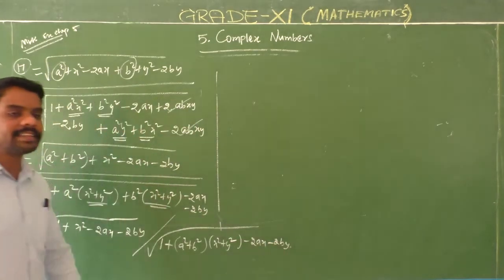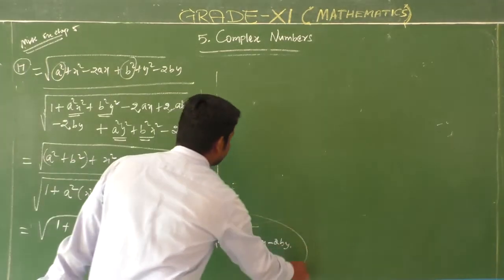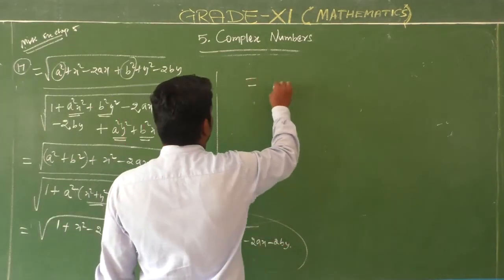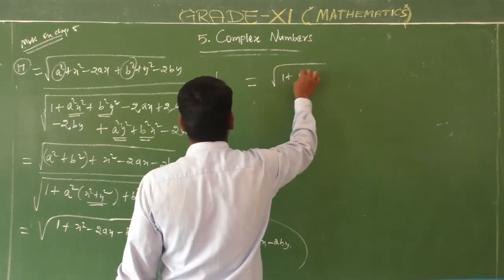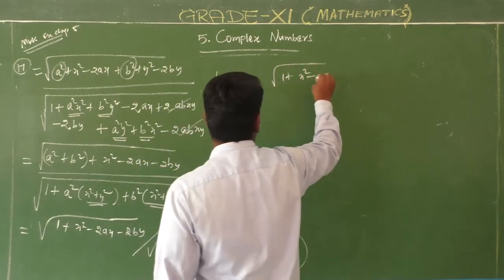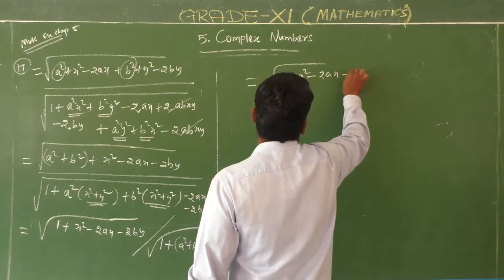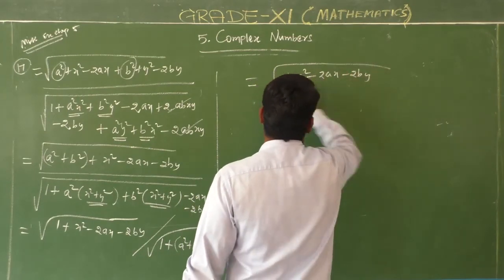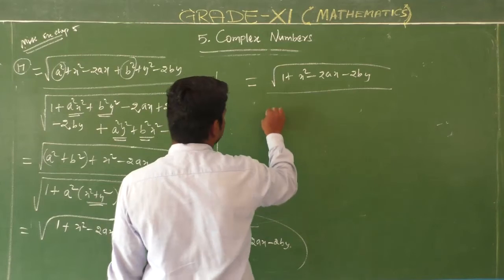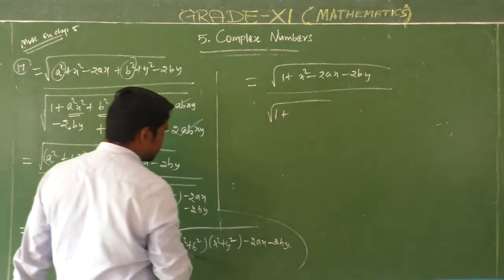It is written as root of 1 plus x square minus 2ax minus 2by divided by, here, 1 plus a square plus b square is 1.